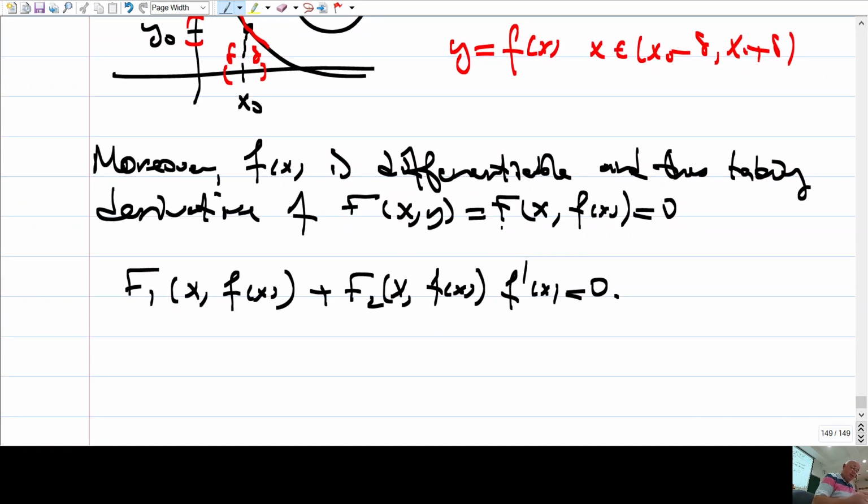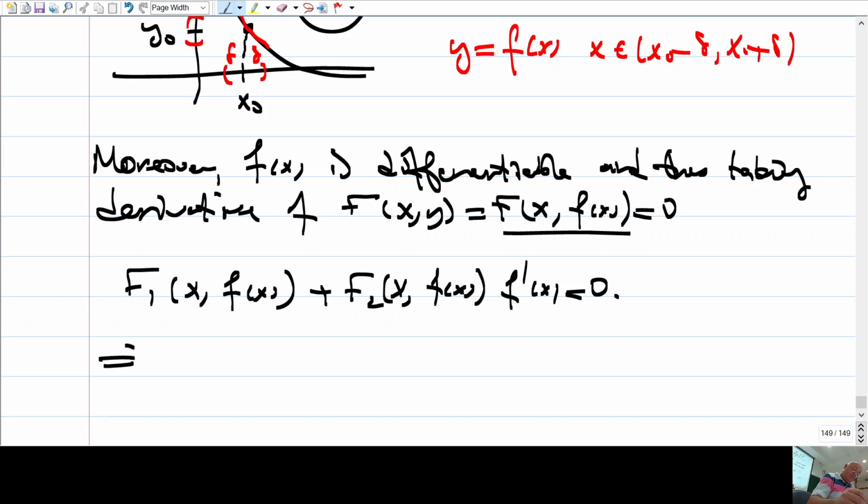Değil mi? Çünkü bunun türevini alırsam birinci değişkene göre türev alıyorum. I take derivative with respect to the first variable and then derivative of the first variable with respect to x, which is 1, plus derivative of f with respect to the second variable times the derivative of the second variable with respect to x.